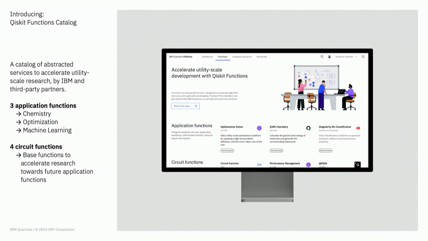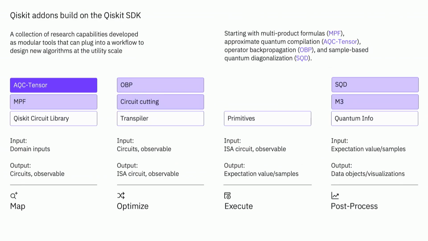On day one, you heard about TEM and how that's accessible through algorithmic circuit function. We also heard about KEDMA and other error suppression techniques from Q-control. These are all methods you can leverage. SQD and others like backpropagation. These are all methods that are accessible through Qiskit add-ons.